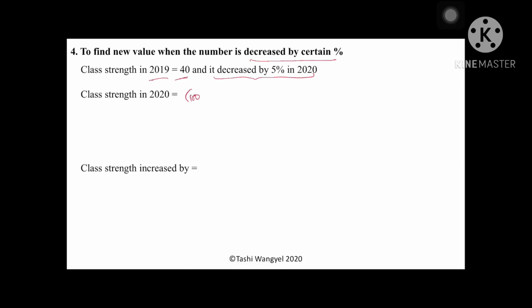The initial number is 100%, and it decreased by 5%, so minus 5% of the initial number, which is 95% of 40. 95% is 0.95 of 40, which gives 38. So the class strength in 2020 is 38. This is step by step, but directly, for a 5% decrease, you can pick up 0.95.